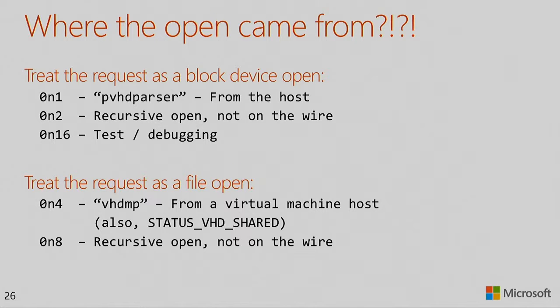But when would Windows 8.1 actually send an RSVD open? So we have a great policy of Hyper-V. If we support it on the server, in general, we support it on the client as well. Okay. And so because we support it on the server, all the same scenarios apply on the client. Okay. So again, it's not a mainline scenario.